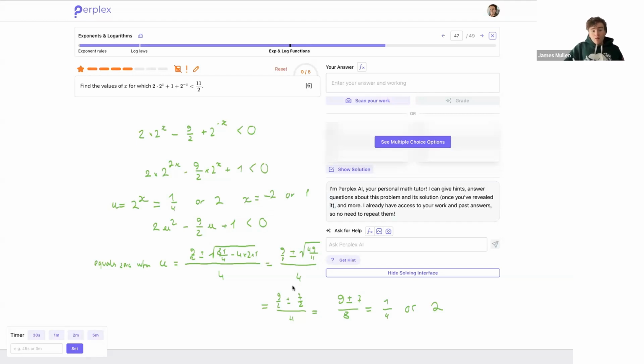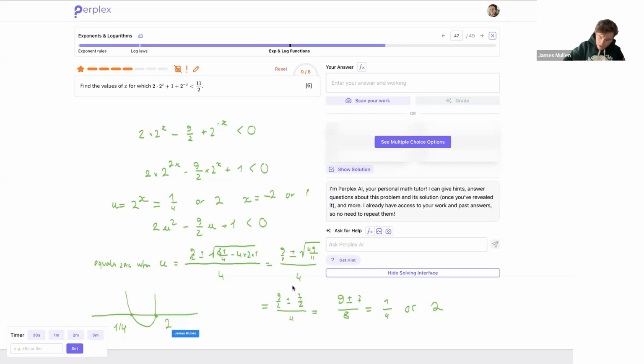And we're looking for where this quadratic is less than 0. And it's a quadratic in u squared, which means it's a quadratic that is concave up, right? Because there's a positive u squared. So it looks something like this, let me zoom out. And we found there was a root at 1 over 4 and 2.